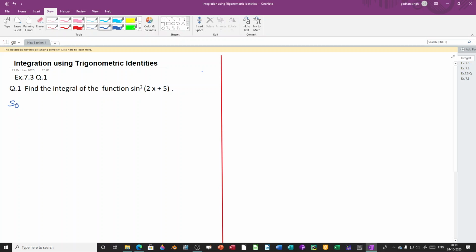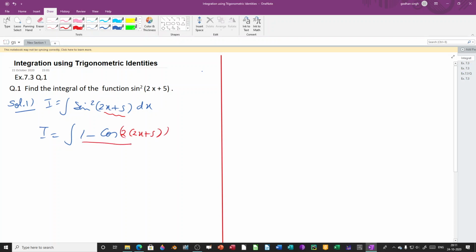So, let us solve question number 1, solution 1. Let I equal the integral of sine square 2x plus 5 dx. Now this can be written as I equal to the integral of 1 minus cos 2 of 2x plus 5, whole over 2, dx.